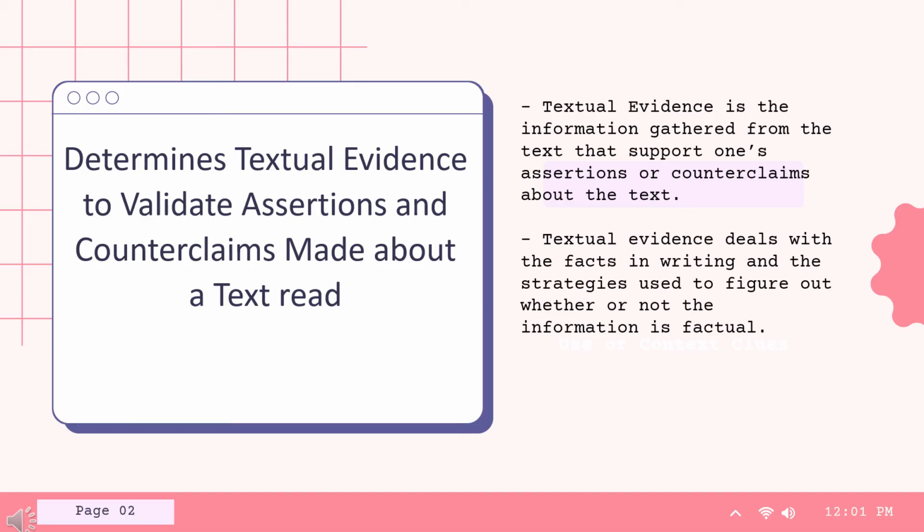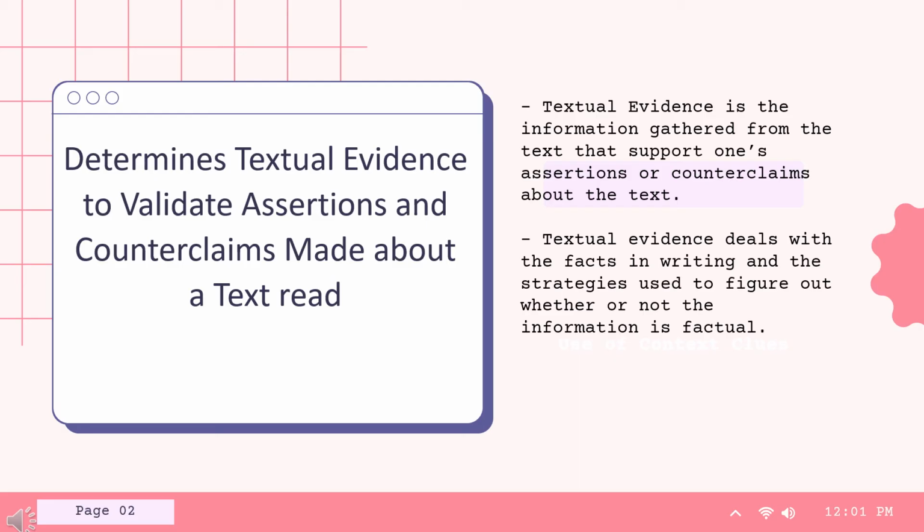Now, we are going to learn how to validate, or check, if a certain evidence in a text is effective and accurate.